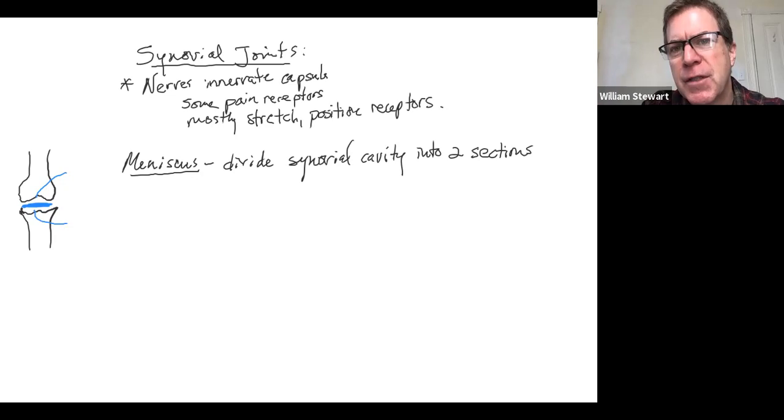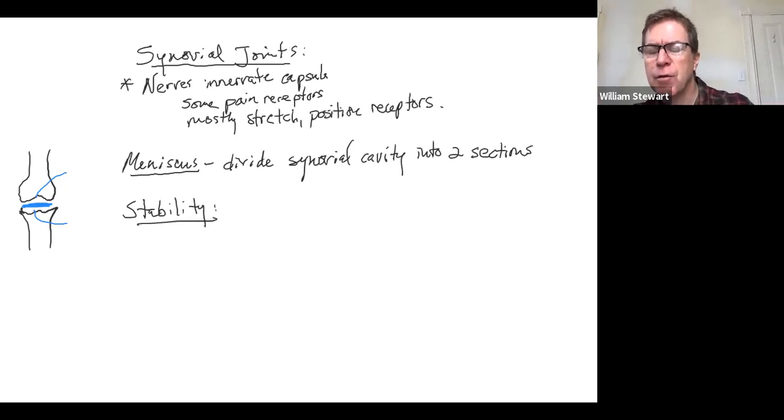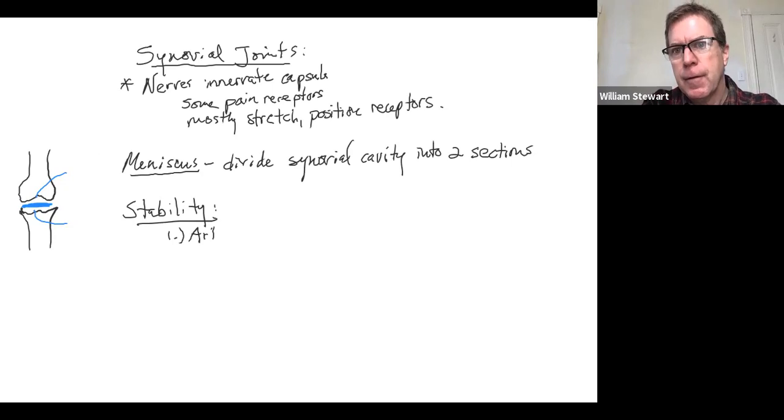Factors that influence stability of a synovial joint. There are three main factors that affect the stability of a joint. The first is articular surfaces. What articular surfaces are is the coating of hyaline cartilage on the ends of these bones.